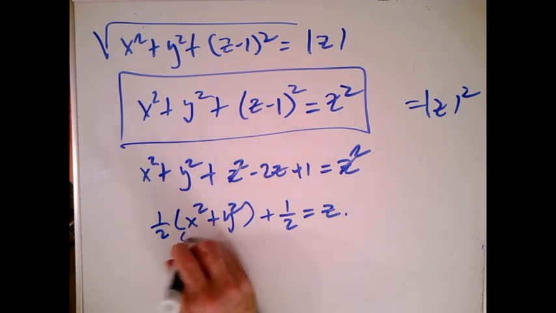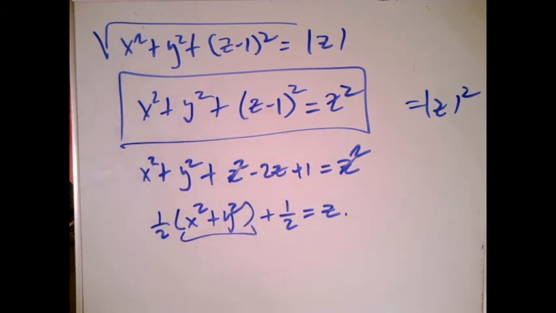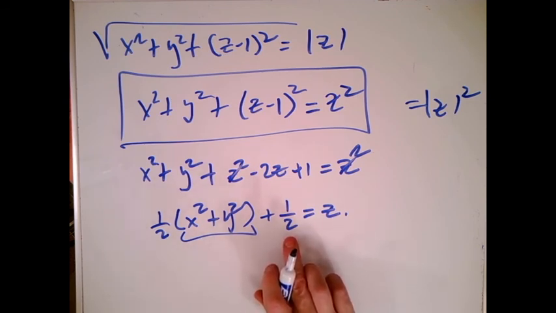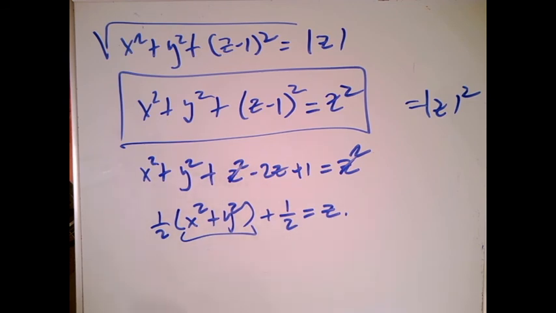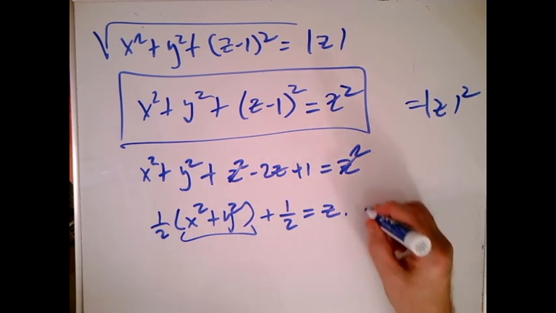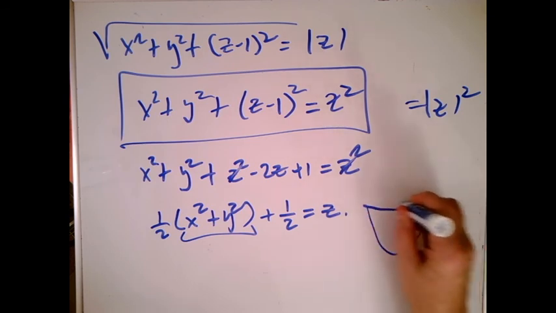Well, we know what z equals x squared plus y squared is. That's a bowl. Taking half of that just makes it still a bowl. It just goes up half as fast. Adding 1/2 to it just lifts the whole bowl up 1/2. So what I'm getting is a bowl that goes up slower than a normal bowl, but whose bottom is at 1/2.